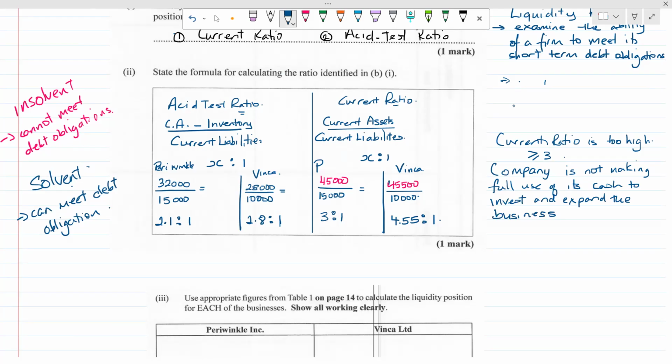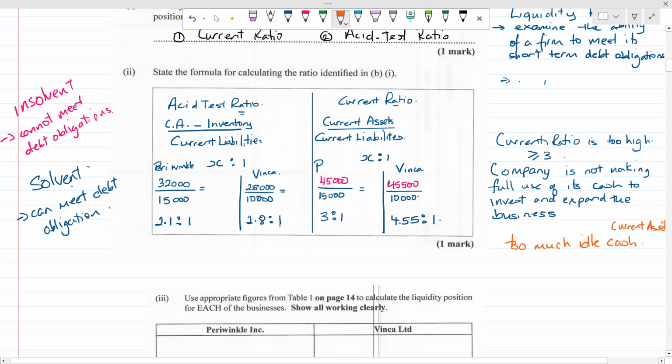Does that sound familiar? You must have said something like that before, right? You have the extra money, but you just have it sitting. The term that I may have used is that they have too much idle cash or current assets that could be put to use in the business to buy more things, to expand assets, to expand the business, to improve the efficiency of the business.